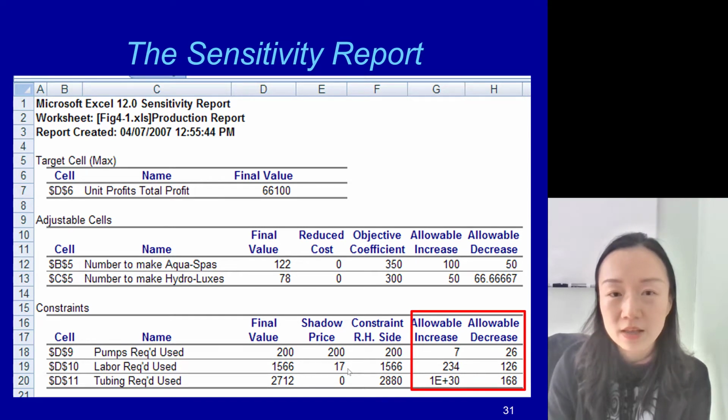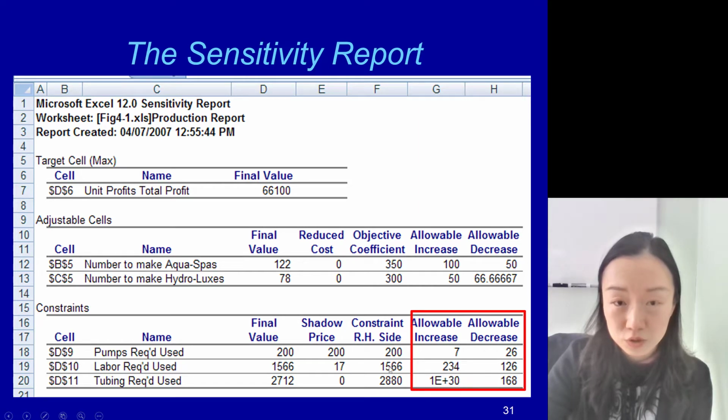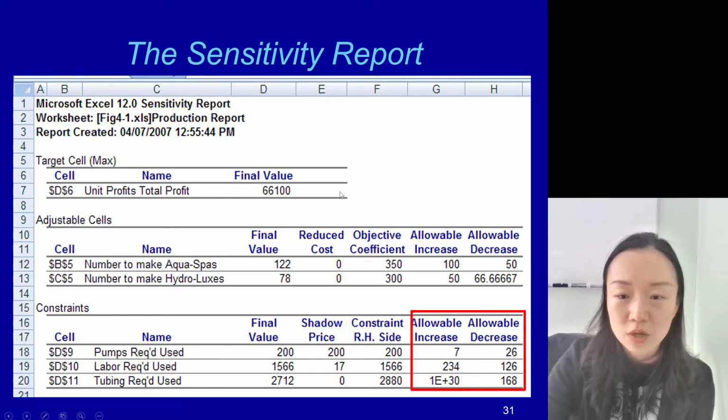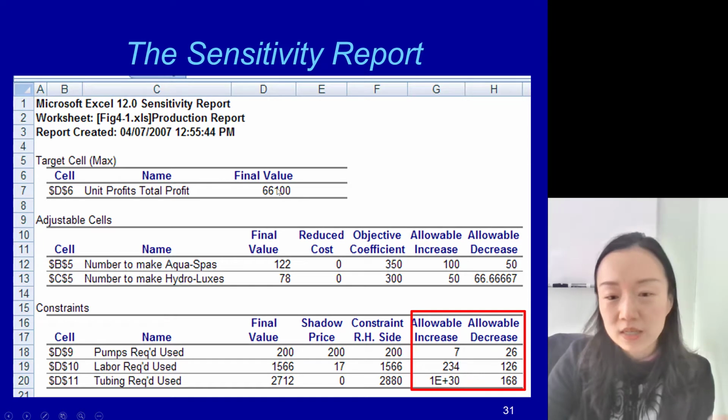So we can only answer the question when the right-hand side of your constraint changes within this given range. And we can tell what the new objective function value is without recalculating it. We don't have to solve the model. We can just tell people, hey, if you give me up to 7 more pumps, or if you want to take away up to 26 pumps, then my total profit will be within this range.